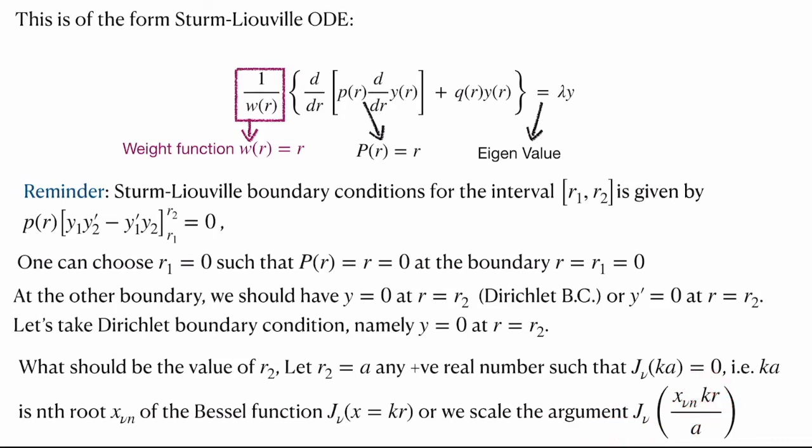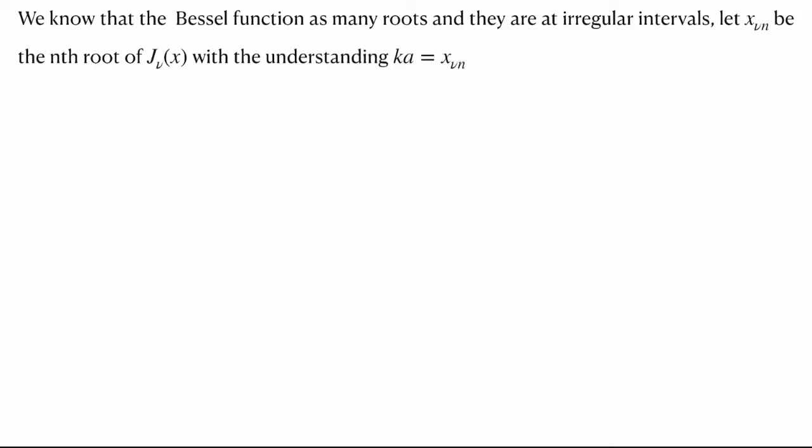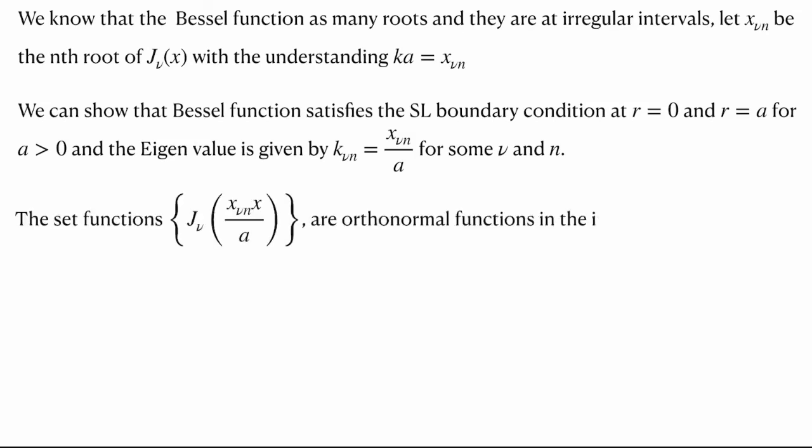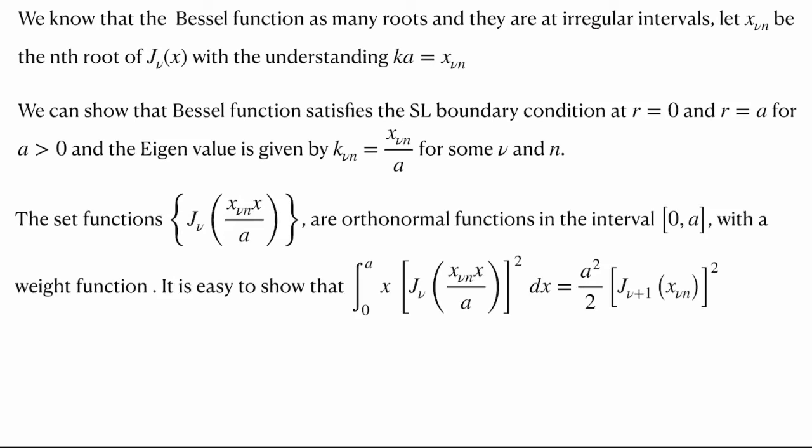When k of r becomes a, it hits the root of a Bessel function, and we satisfy the Sturm-Liouville boundary condition, and we can express any function in terms of this by using this mechanism. So this is an interesting mechanism, but we see that it is orthogonal, not orthonormal.